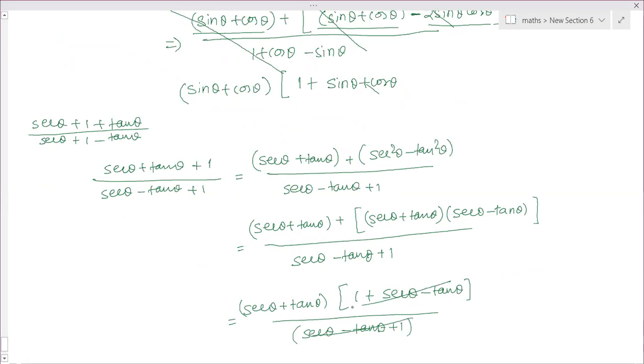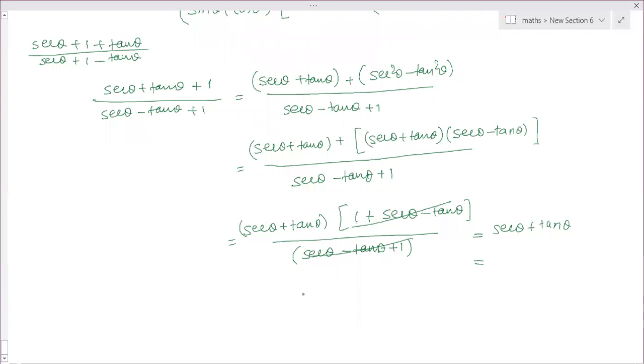So this bracket and this bracket cancel. Answer is sec theta plus tan theta. And now convert into sine and cos: 1 by cos theta plus sine theta by cos theta, which is equal to 1 plus sine theta by cos theta. That is RHS.